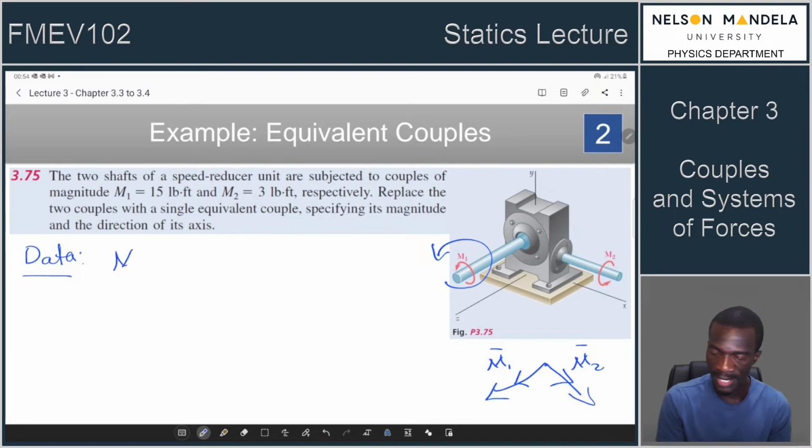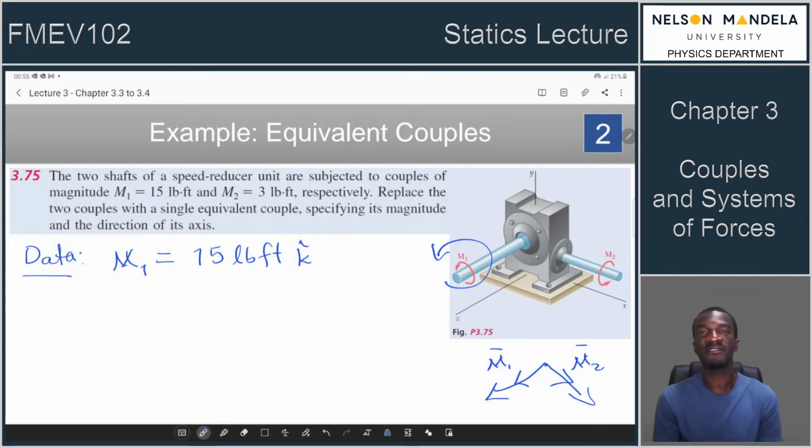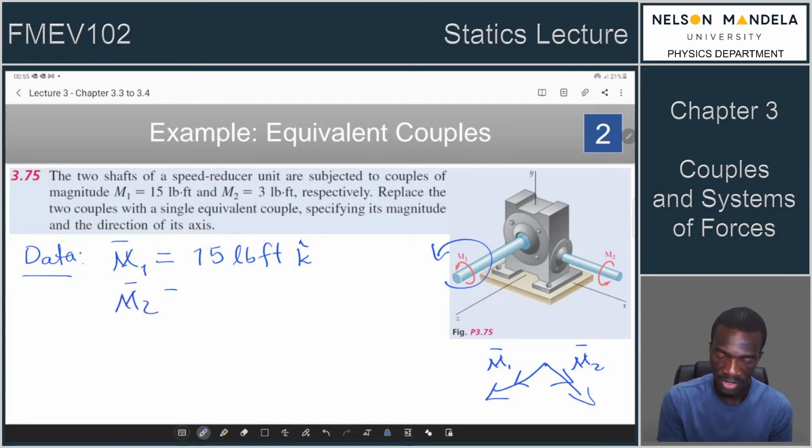So our M1 is actually equal to, the magnitude is 15, so we've got 15 foot-pounds. These 15 foot-pounds are in the k direction. And then for M2, we have the moment vector. So M2 is what?